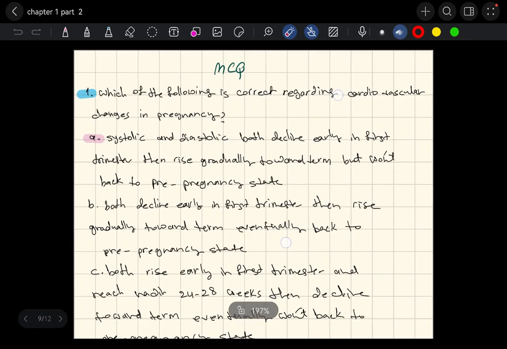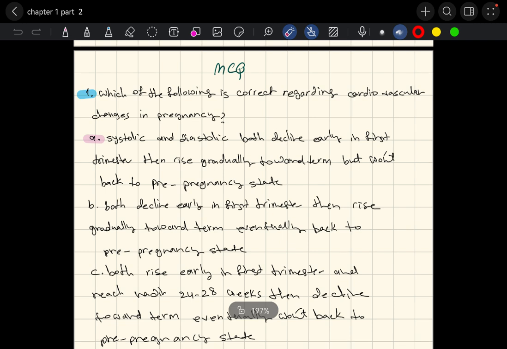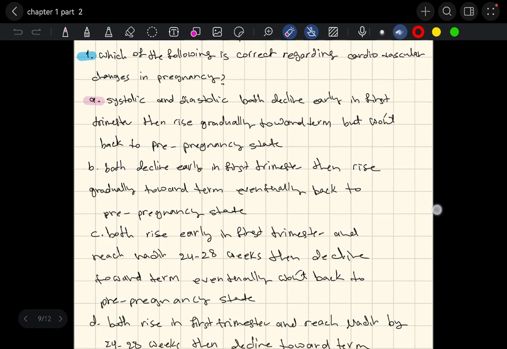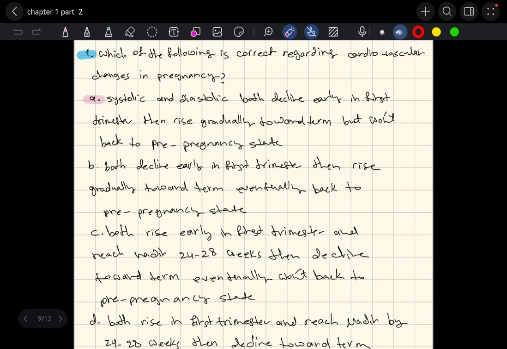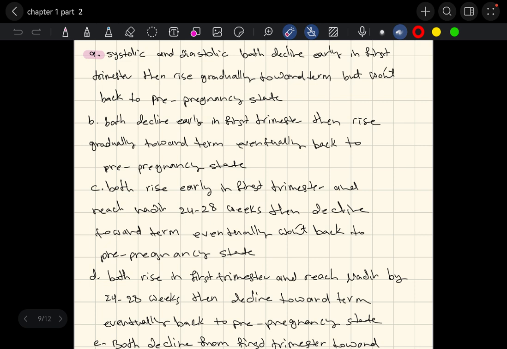And here we have an MCQ: which of the following is correct regarding cardiovascular changes in pregnancy? So here you can see the options. Option A: systolic and diastolic both decline early in the first trimester, then rise gradually toward term but won't get back to the pre-pregnancy state. B: both decline early in the first trimester, then rise gradually toward term, eventually getting back to the pre-pregnancy state.